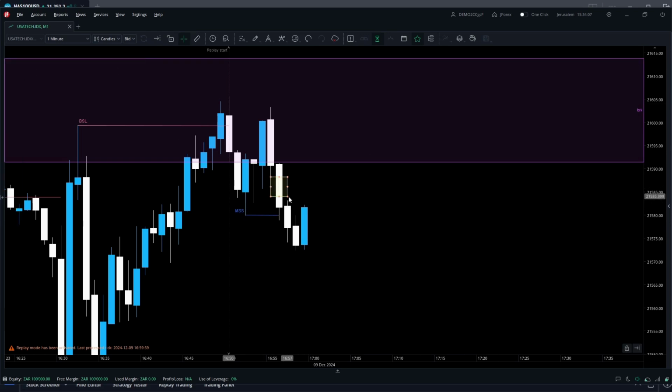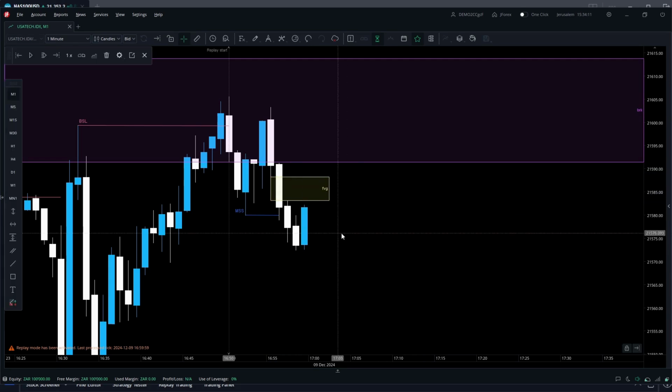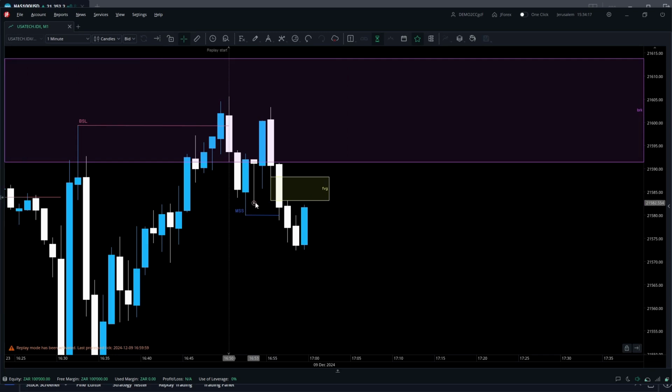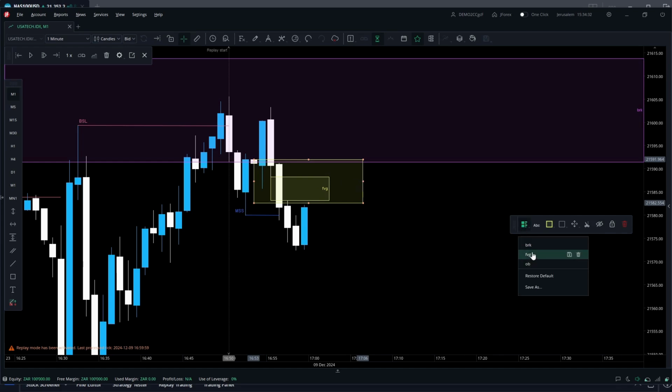So we have our fair value gap over here, and believe it or not, we have another breaker. Now remember, I said the breaker block is the leg right before the order block, and that can be a single or a series of candles. So this would be your breaker block.